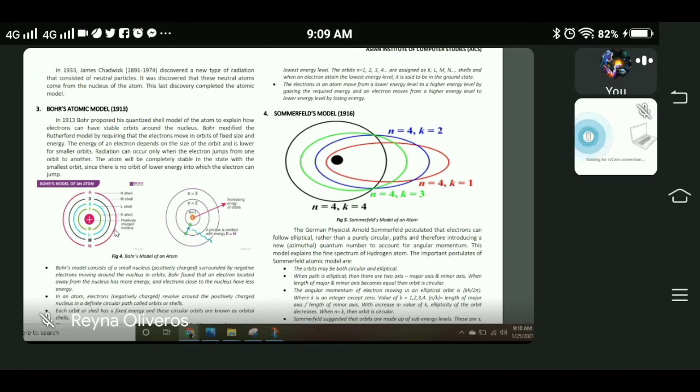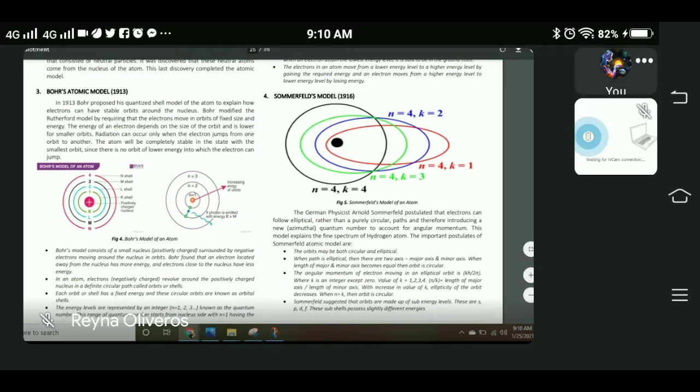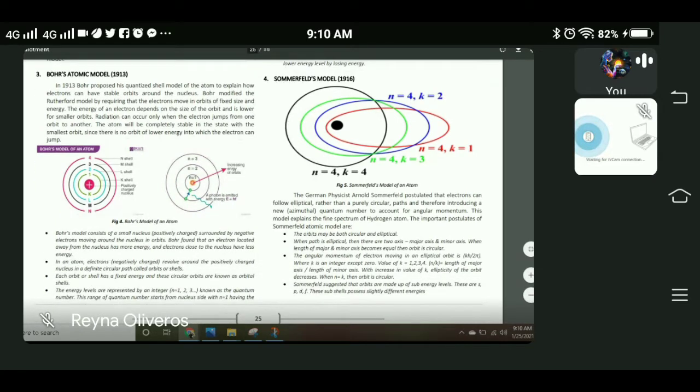So here is Bohr's model of the atom. Ito yung illustration. Sabi, sa Bohr's model of the atom, Bohr's model consists of a small, positively charged nucleus surrounded by negative electrons moving around the nucleus in orbits.